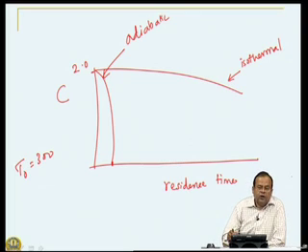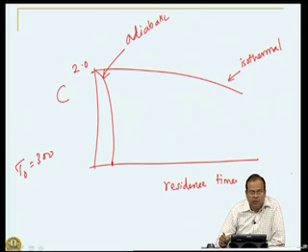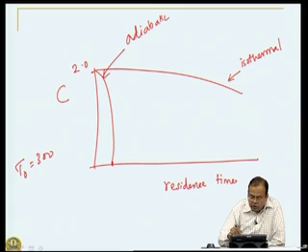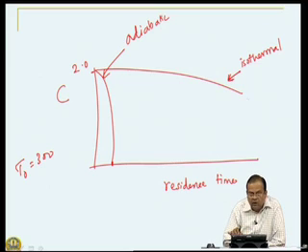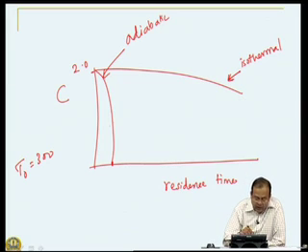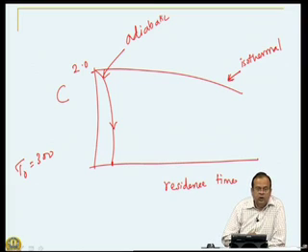Suppose I carry out a reaction in an isothermal manner by maintaining the temperature at the same value as 300, this is what behavior I will get. That is, to achieve any appreciable conversion, I have to wait for a long time, whereas the same behavior in an adiabatic reactor is completely different.